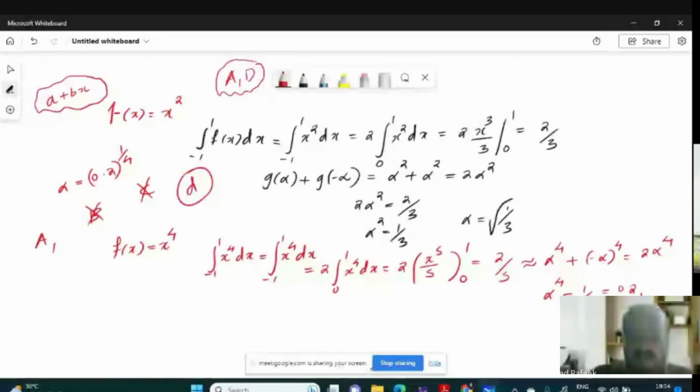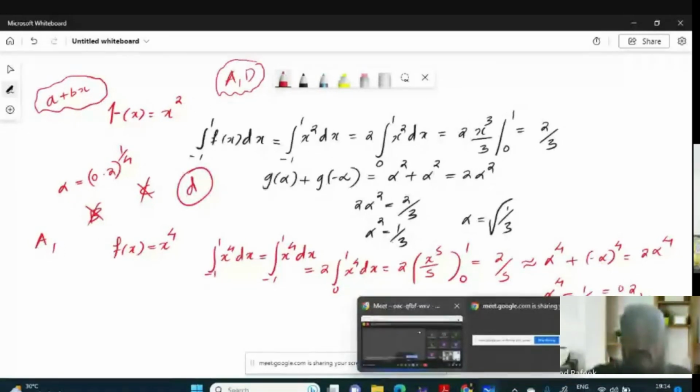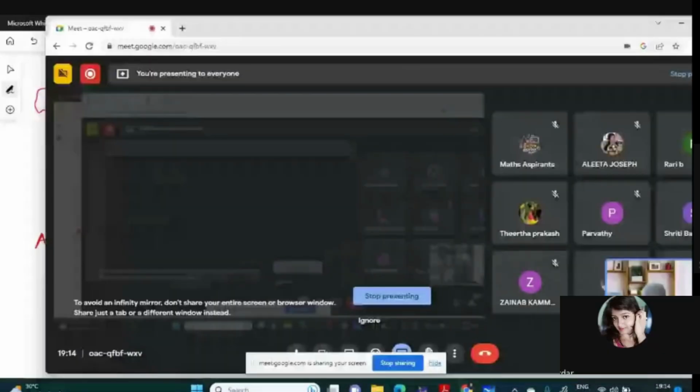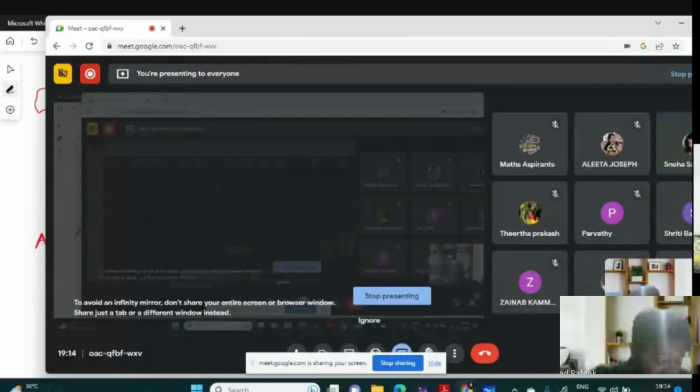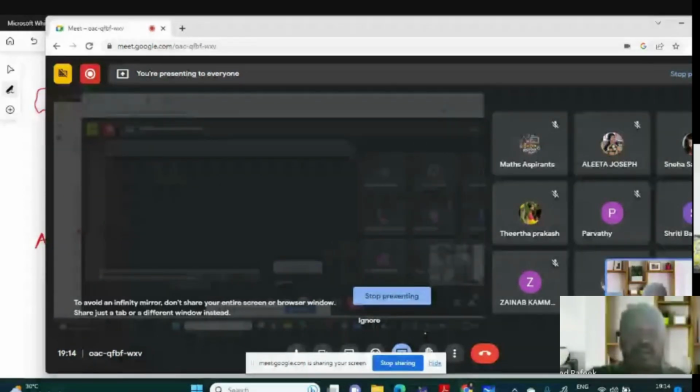I think it is clear. Is it fine? Sir, is there f and g are same? Once again, yes, we are treating this with approximation. So at that time you can take them as the same only.